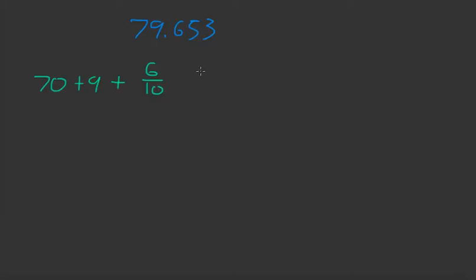This is in the hundredths unit, so you could write this as 5 divided by 100. And then this is in the thousandths unit, so we can write this as 3 over 1,000, okay?